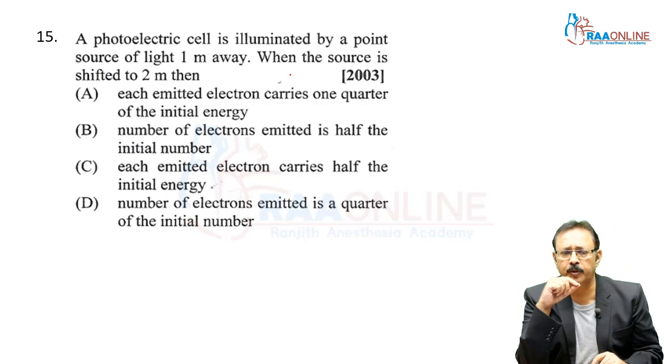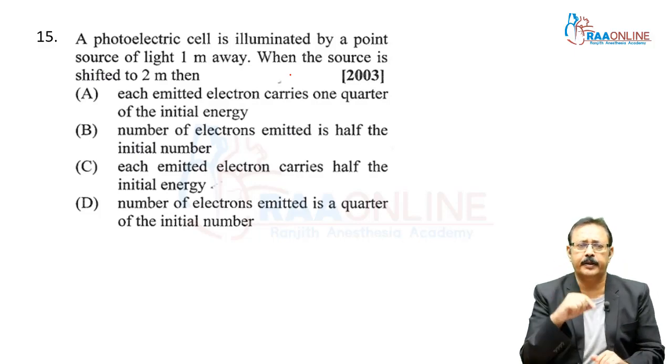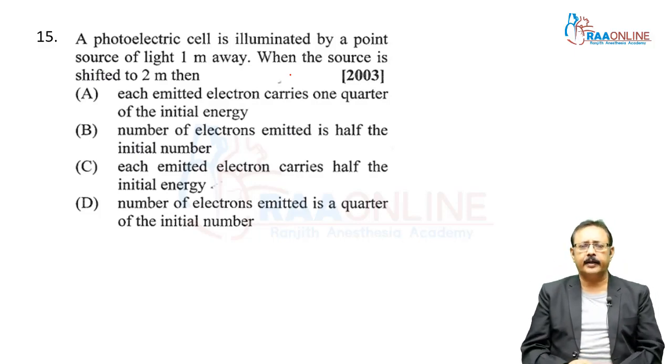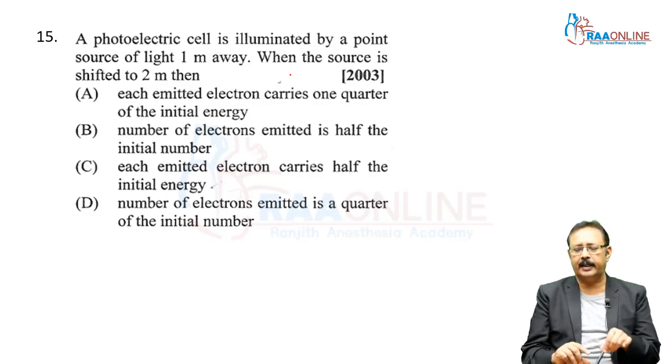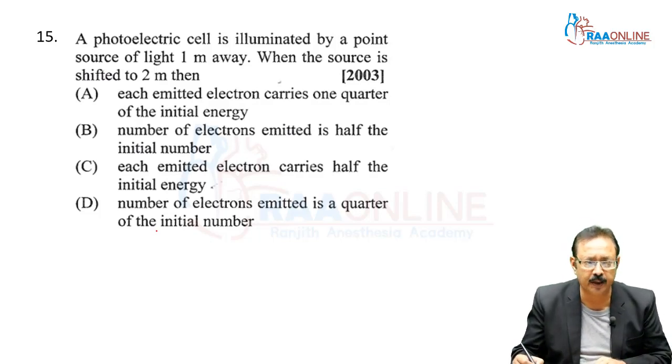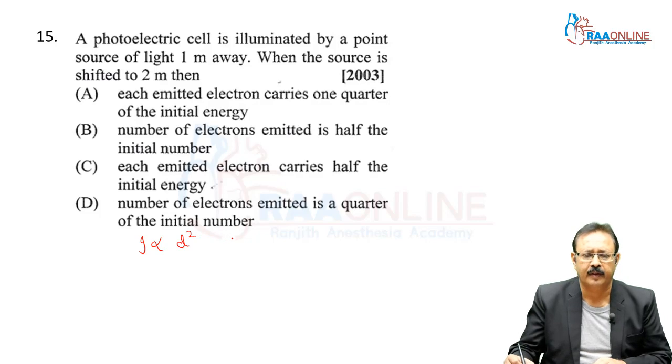15th, it is from 2003 AIPMT. A photoelectric cell is illuminated by a point source of light 1 meter away. When the source is shifted to 2 meter, by shifting the source you are decreasing the intensity, because we know that intensity is inversely proportional to d square.